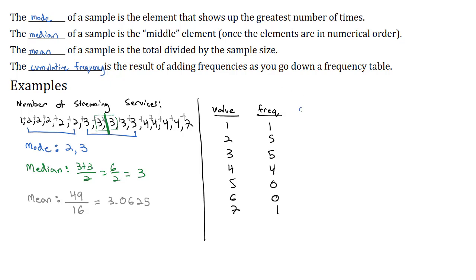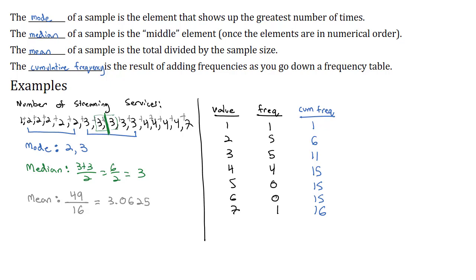Also going to add a cumulative frequency column. Cumulative frequency means we're going to add up things as we go. So we start with the number 1, and then we've got 5 more things. So now there's a total of 6 by the time we get to 2. Add 5 more things, there's a total of 11. Then add 4, we get 15. Add 0, and finally add 1 to get 16. And we can see how many are at that value or below.